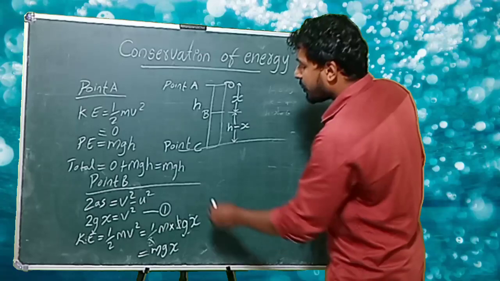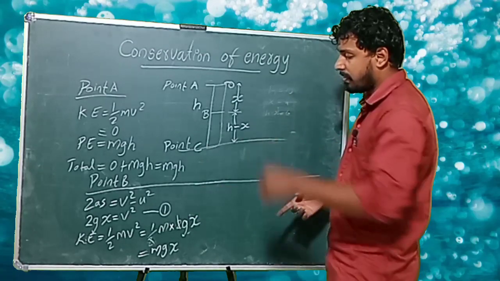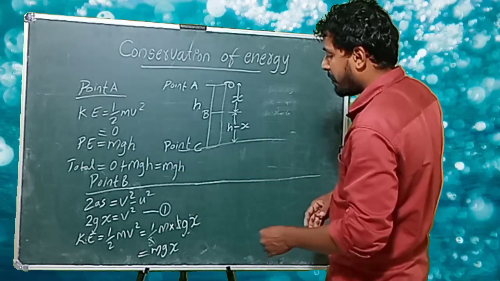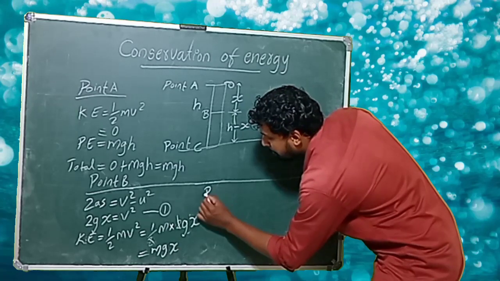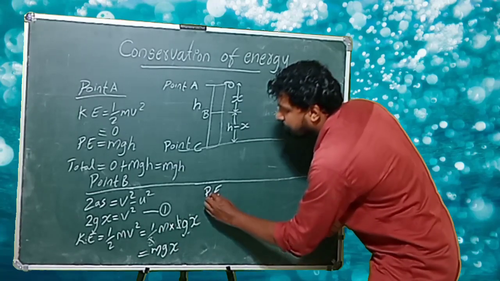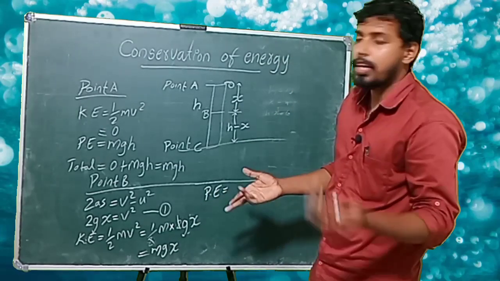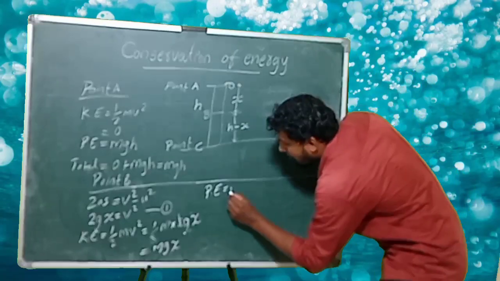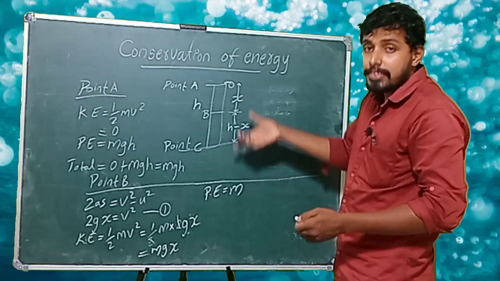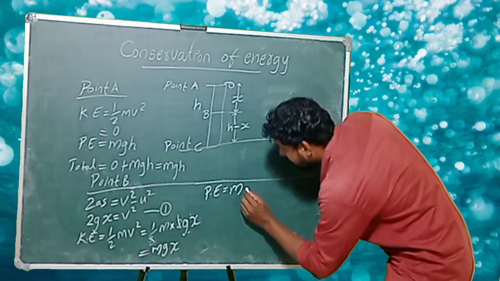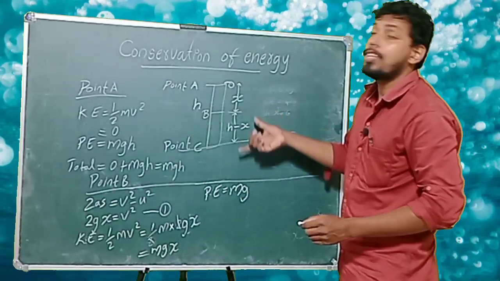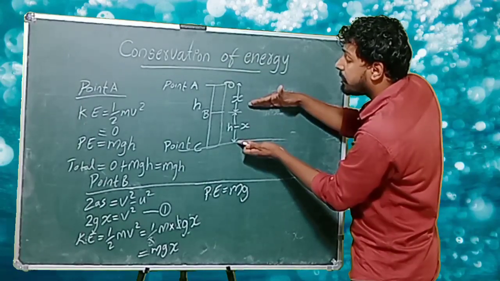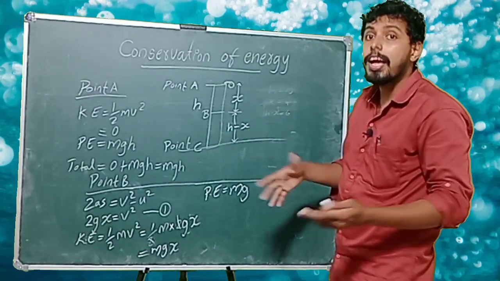Then what about the potential energy at point B? Potential energy, you know, mgh. Here the mass is the same, so m. g is acceleration due to gravity, g, and what is the height here? h minus x.